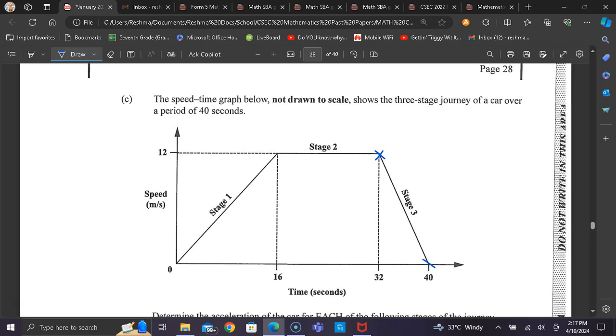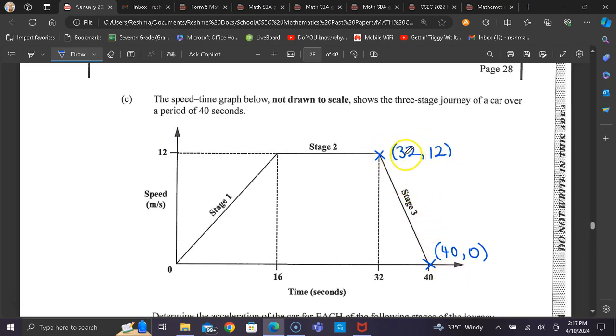That will be our first point, and this point, our second point, when it comes back to rest. So the first point is at (32, 12), and the next point is (40, 0). Now, acceleration for a speed time graph is actually the gradient of the graph between 2 points.